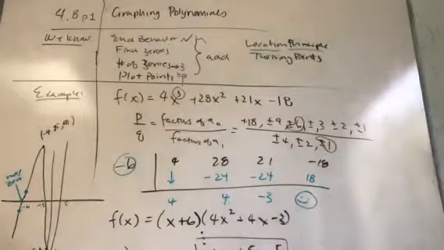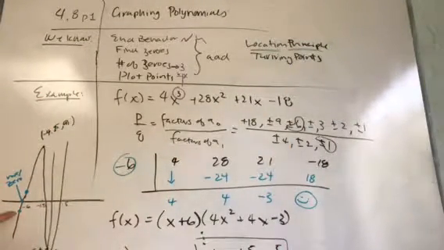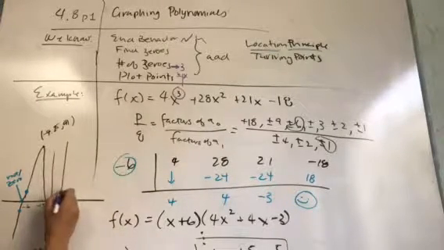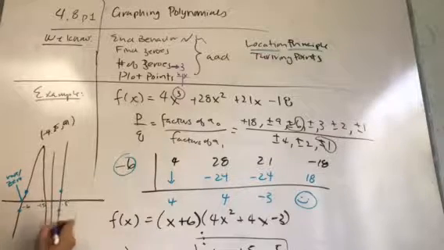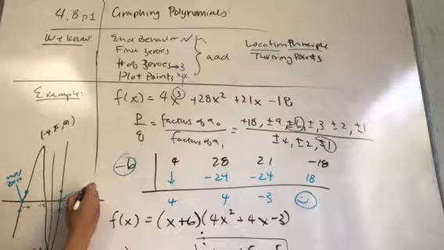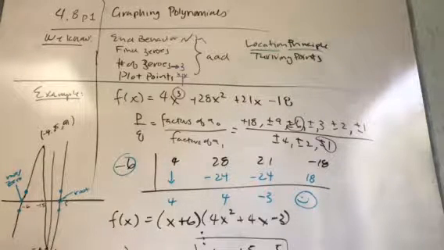Let me show you another example. Here's a point above and here's a point below. In between those points is going to be a root. I don't know if it's a surprise or if it just makes sense to you, but that's what the location principle outlines.